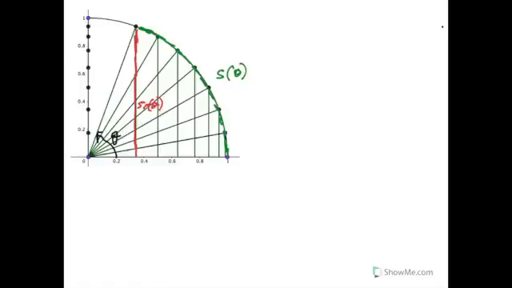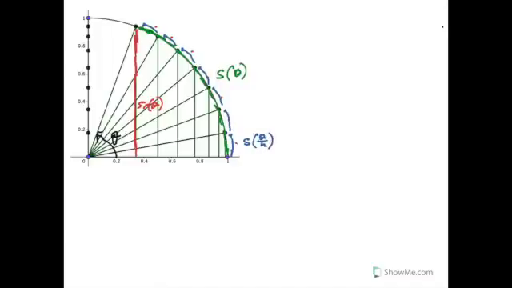So now this angle is cut up, in this case, into 1, 2, 3, 4, 5, 6, 7 pieces that are all 10 degrees long. So each of these arcs individually are equal to each other, and all of them could be called S of theta over n.